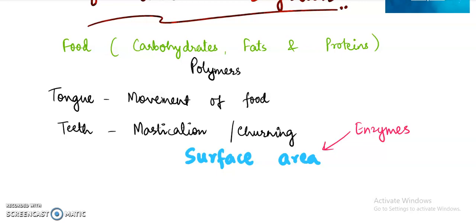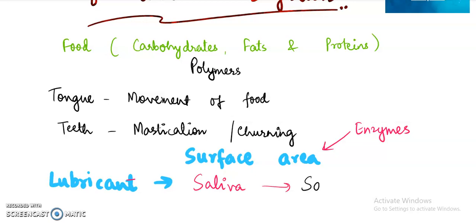Now, we cannot chew dry food. We need some lubricant that can ease up the process of digestion or churning basically, right? So the lubricant work is being done by saliva. Saliva is a fluid in our mouth and it is produced by salivary glands.